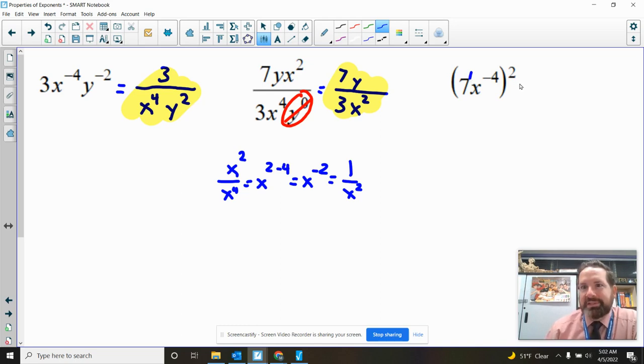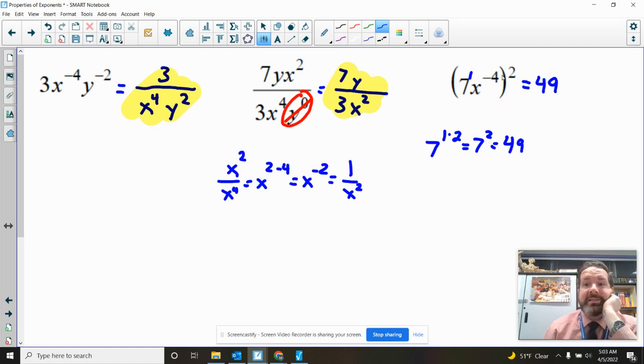That's important when you've got parentheses with a power outside of it, because we're going to apply our property that says when you have a power to a power, you multiply those exponents. And I need you to remember that for the 7, that means the exponent of 1 gets multiplied by this outside exponent of 2. 1 times 2 is 2, and 7 to the second power, 7 times 7, that's 49.